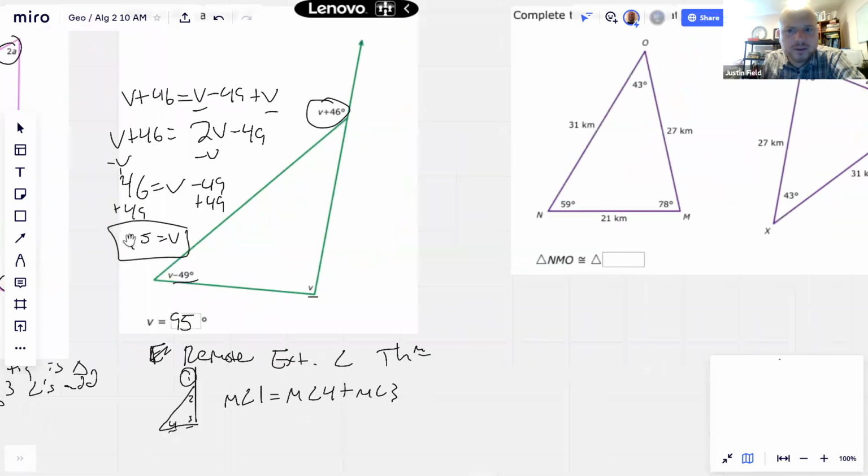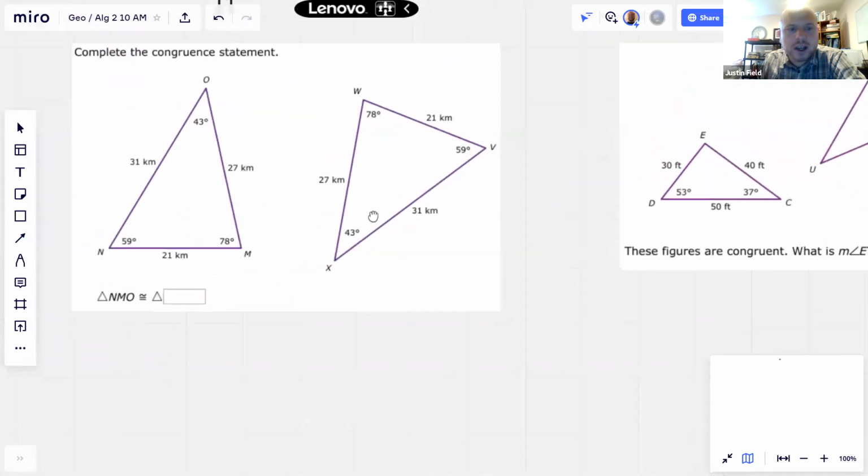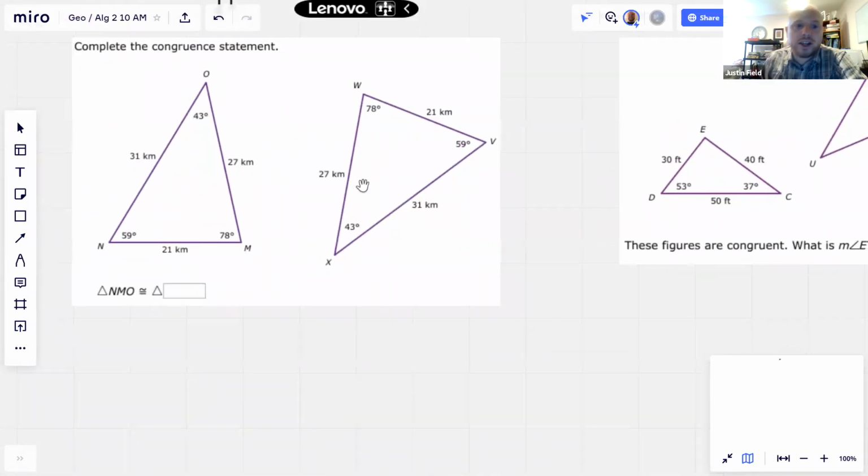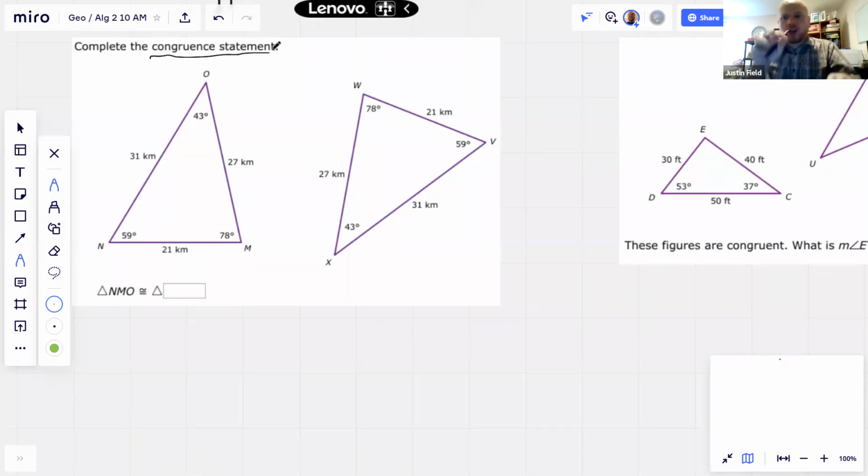And the last two are from the congruent figures section. This again is not too hard, but a congruent statement is writing that these triangles are congruent in a geometric way. So you want to put the corresponding parts in matching positions. When you look at these two triangles, which angle does N match up to?